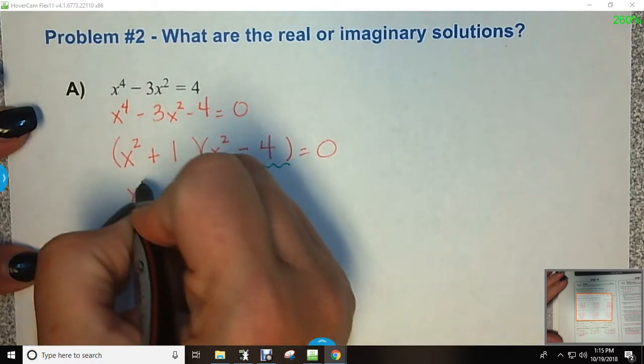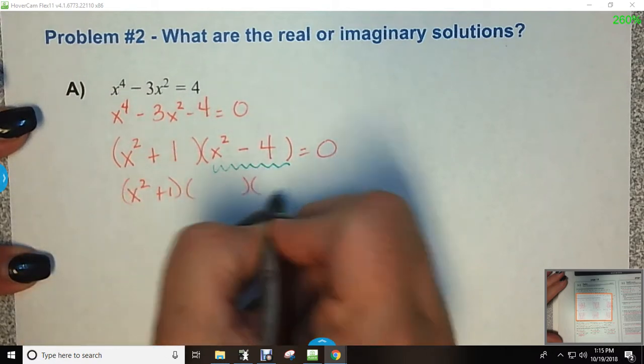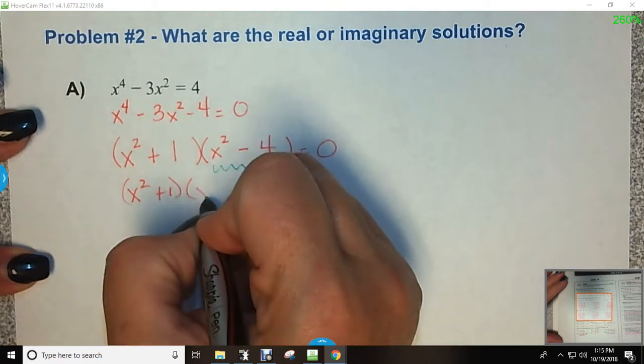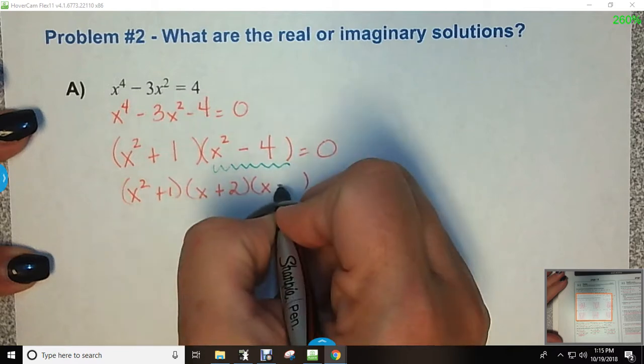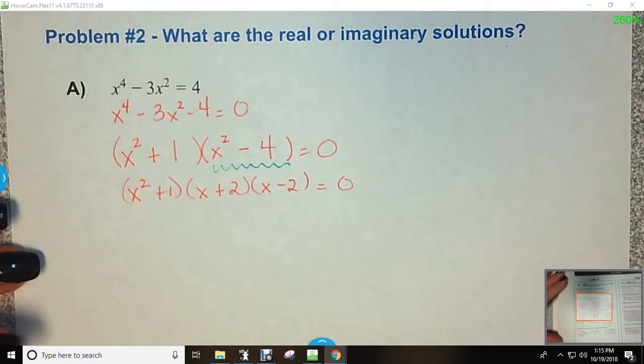So I'm just going to keep this one and then take my x squared minus 4 and factor it. That's going to be an x plus 2 and an x minus 2. After you've got it factored, set all of your factors equal to 0 and solve.